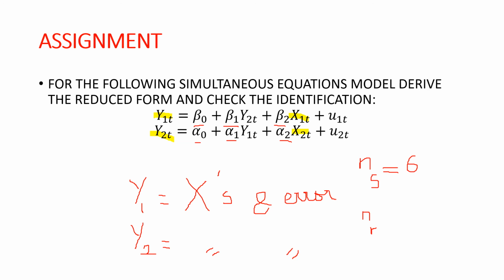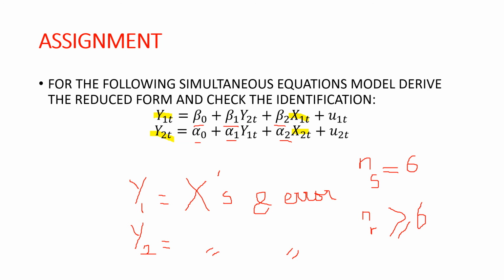Of course, in order to be able to find the structural parameters from the reduced parameters, the number of reduced parameters should be at least equal, which means greater than or equal, to the number of structural parameters. So after obtaining the reduced form equation, you will see how many parameters we have.